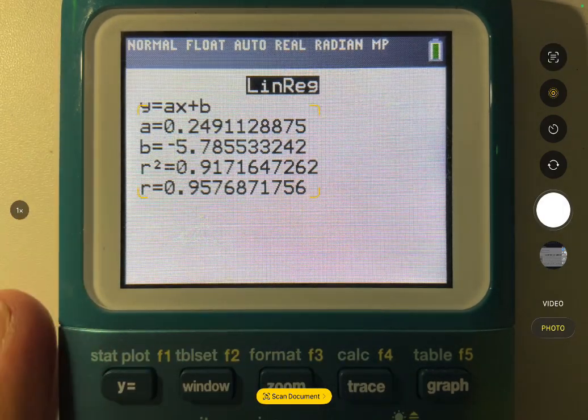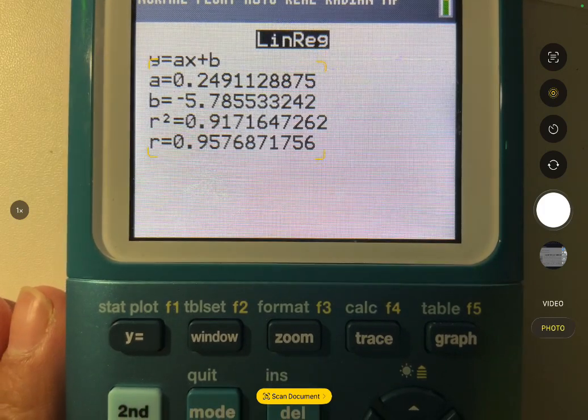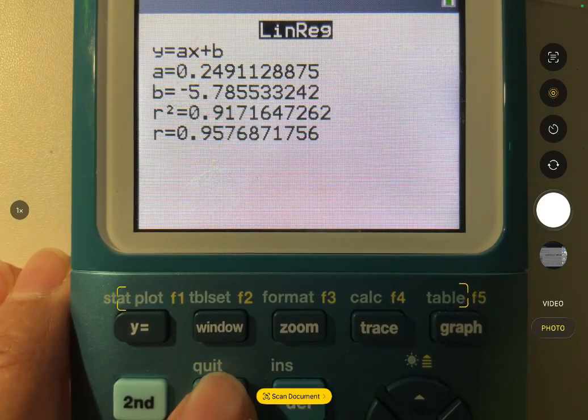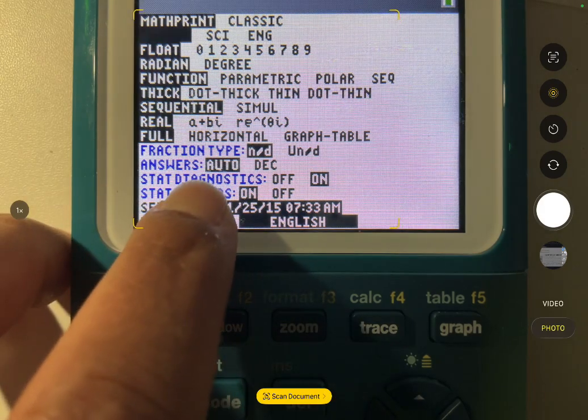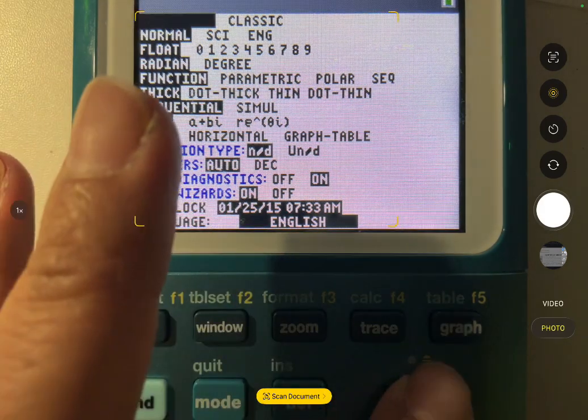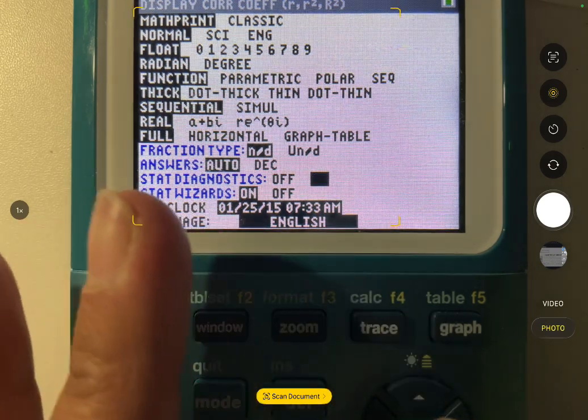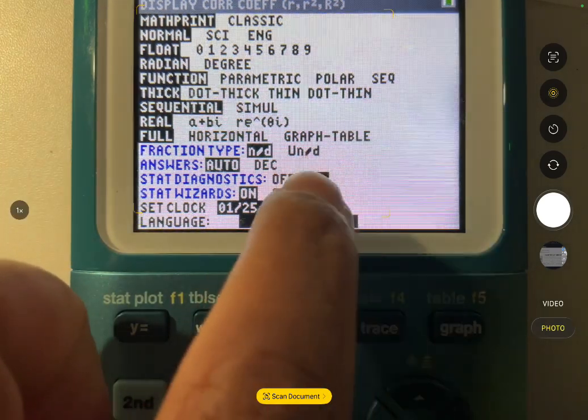Turn on the diagnostics. So go to mode. Press mode. You go up to diagnostics. This is what we learned yesterday. Turn it on. Don't forget to press enter. The black box has to be on.